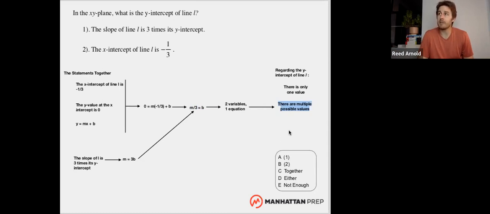The inferences I can make from statement two are the same inferences I can make from statement one, that m equals 3b. Which is a cool equation to get, but it doesn't tell me what the y-intercept is. So here we have an answer of E. The inference chain does not collapse to one value.